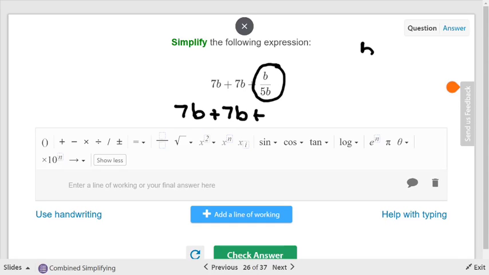B divided by 5b. So there's no number divided by the 5, so the 5 is simply going to stay 5, right? Yeah. But b divided by itself is going to become a what? 1. And I need the 1. Where do I need the 1? Because you can't have a fraction that doesn't have a numerator, can you? No. So that became 1/5.